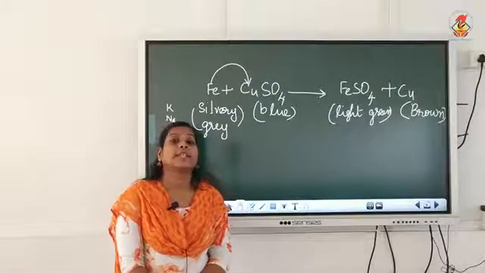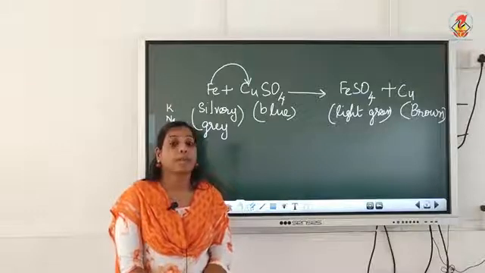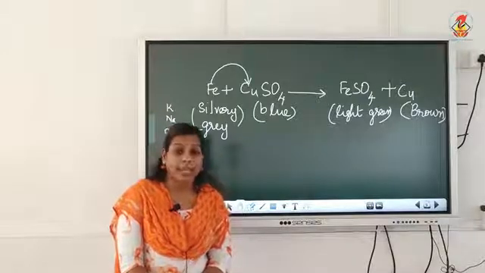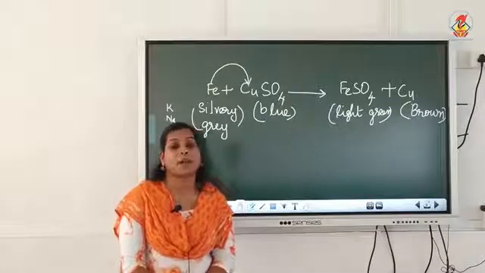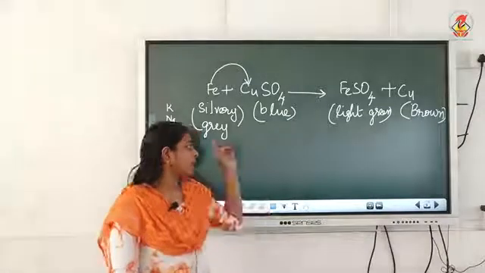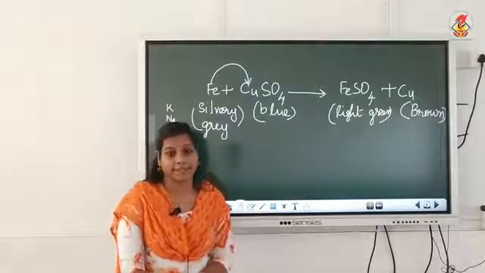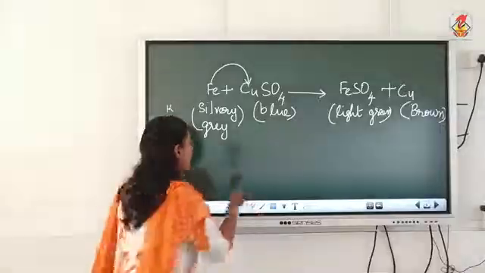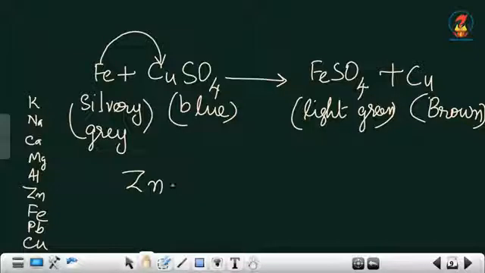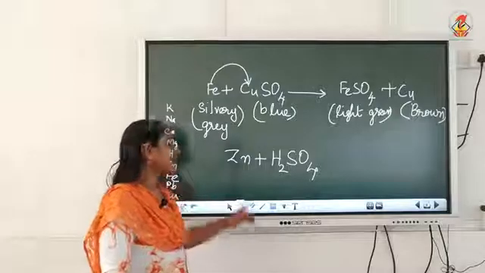So, in the displacement reaction, a more reactive metal displaces a less reactive metal from its salt solution, and sometimes gases will be evolved. For example, if we drop zinc into sulfuric acid, there is one non-metal which is present in the reactivity series, hydrogen.